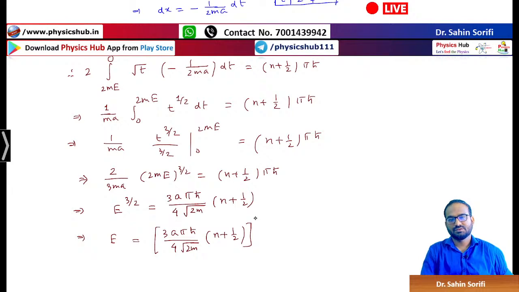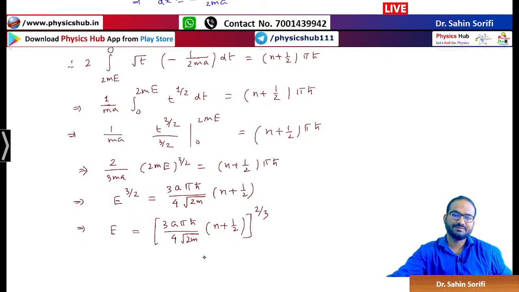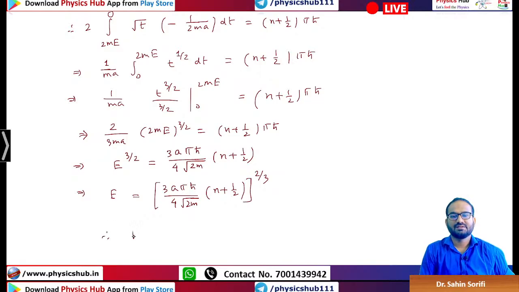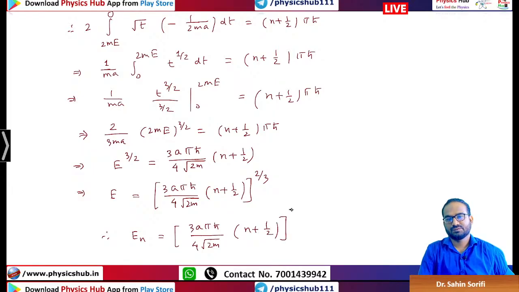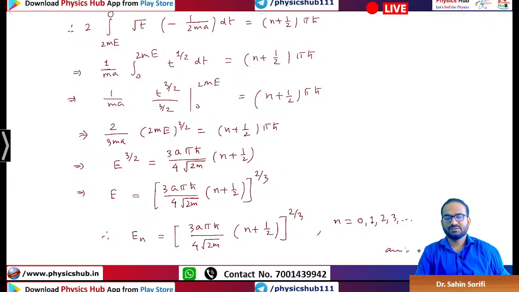If you want to remove this power, we have to raise it to 2 by 3, and hence we can finally write En equals 3a pi h cut by 4 square root of 2m, times n plus half, to the power 2 by 3. n starts from 0, 1, 2, 3 and so on, and that matches option B.